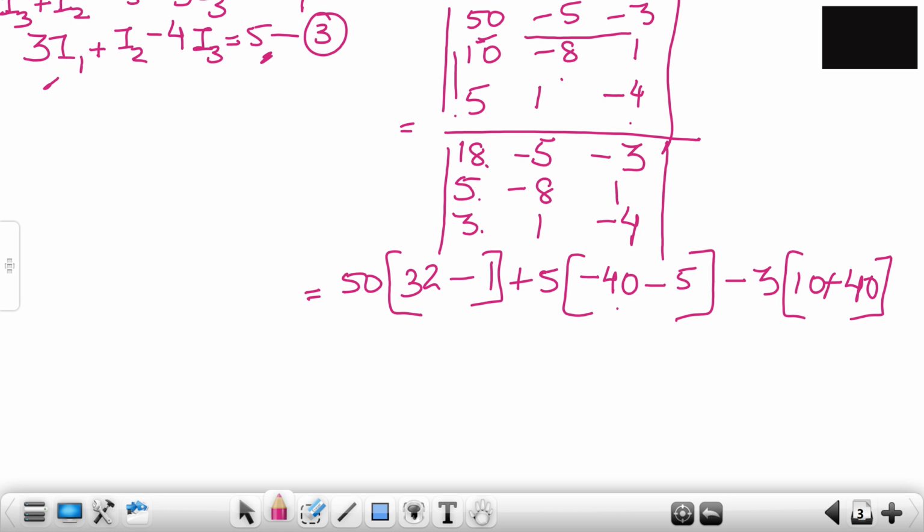So it will be 10 minus of minus 8 into 5, that is plus 40. The same thing, you continue over here.